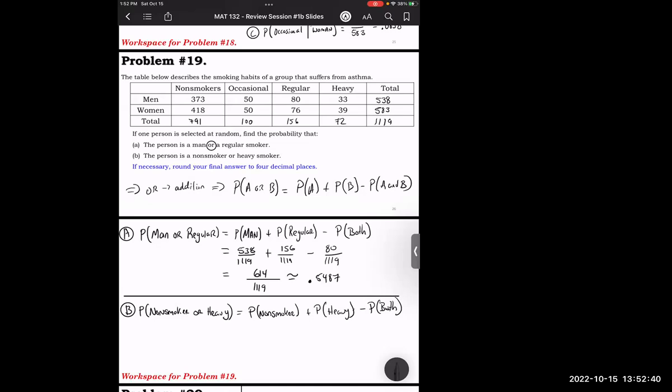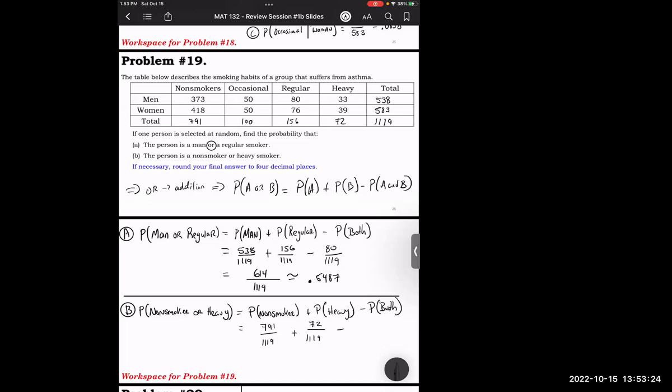So, how many non-smokers were there? So as a probability, we say 791 over 1,119 plus the probability of getting a heavy smoker, which is what? 72. So you have to write it out as a probability. So you say 72 over 1,119 minus any intersection.